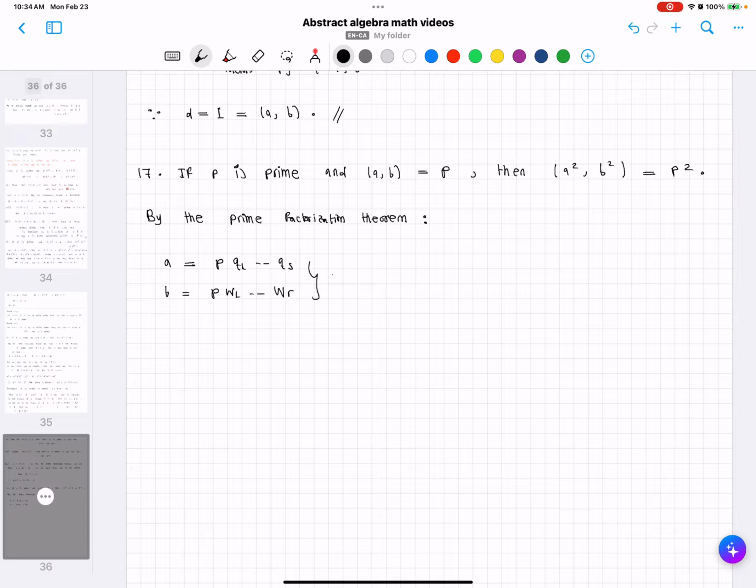So this gives you that A squared is P squared Q1 squared to QS squared, and B squared is P squared W1 squared to WR squared.